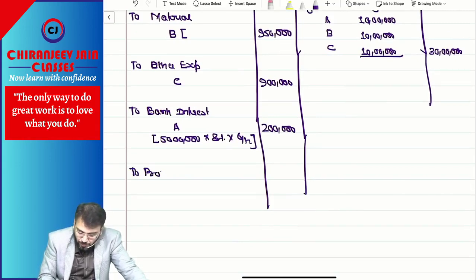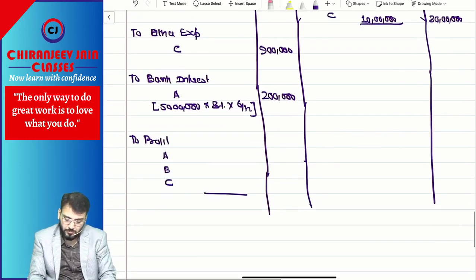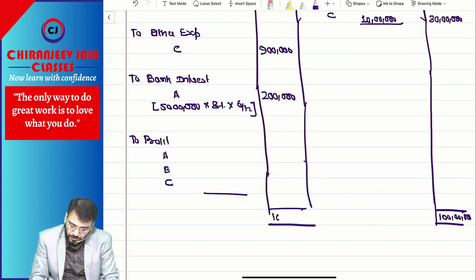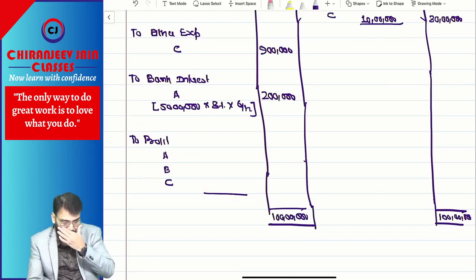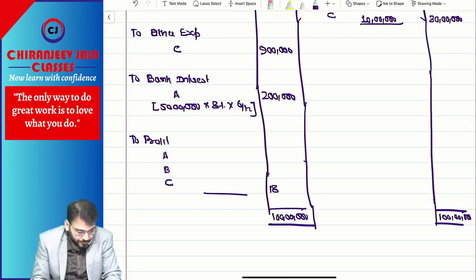Can you give me the total profit allocated to A, B, C? First, can you give me the total profit? Total becomes 1 crore. Profit is how much? 18 lakh divided by 3, meaning equal sharing.